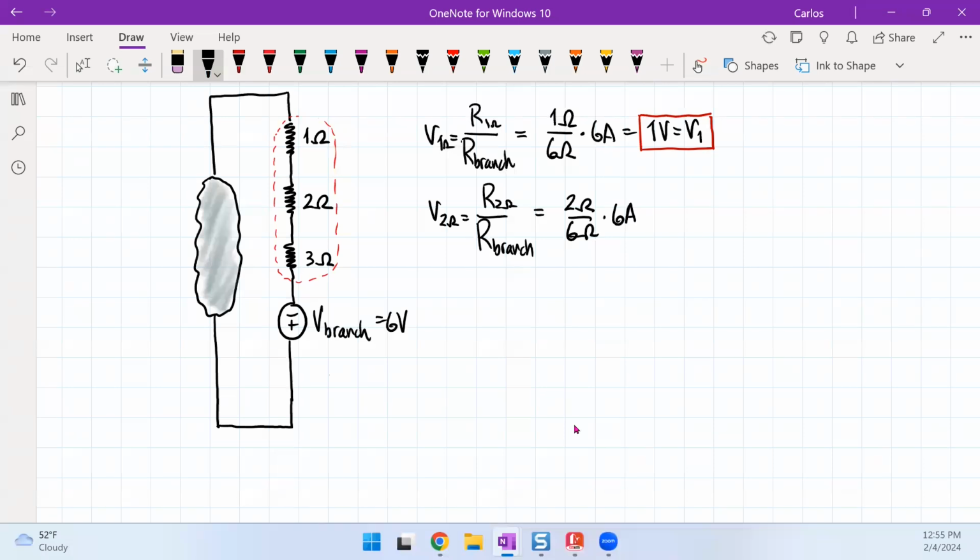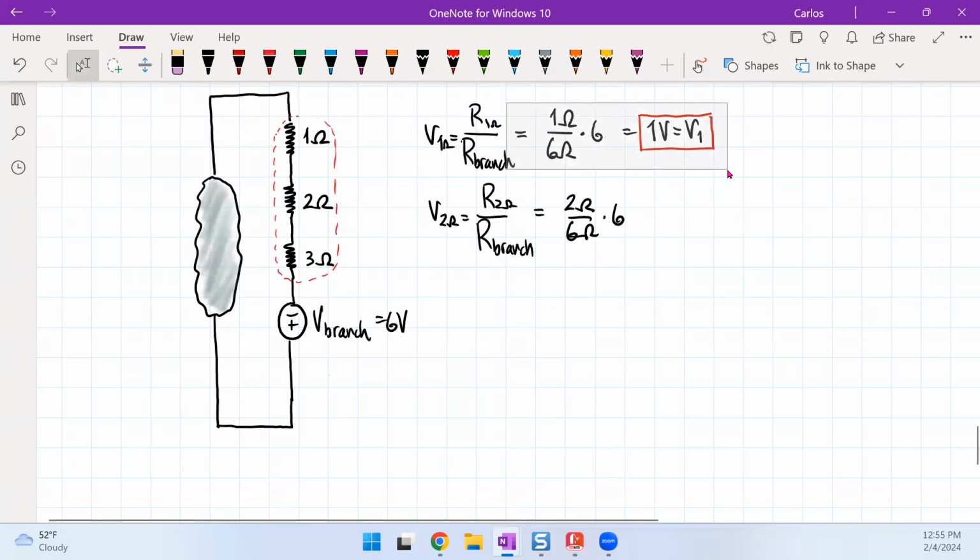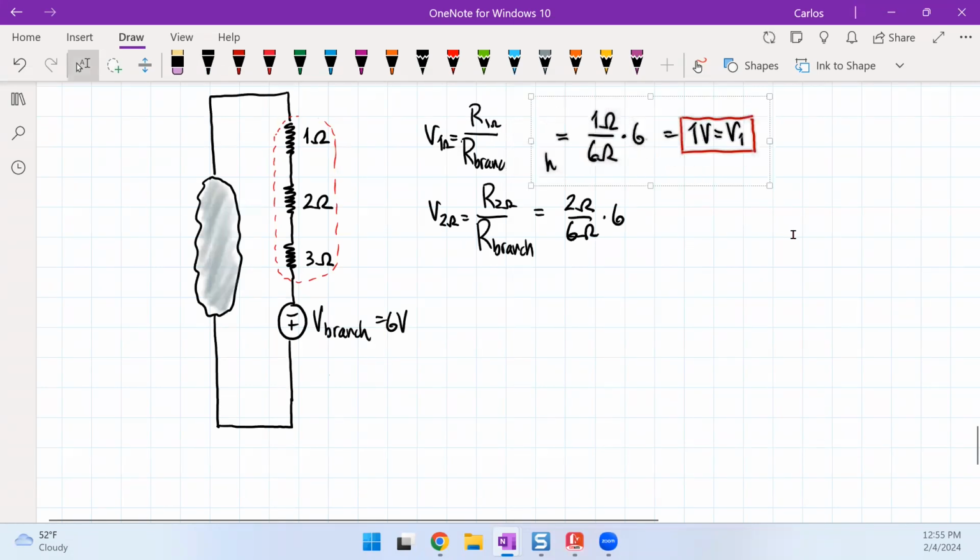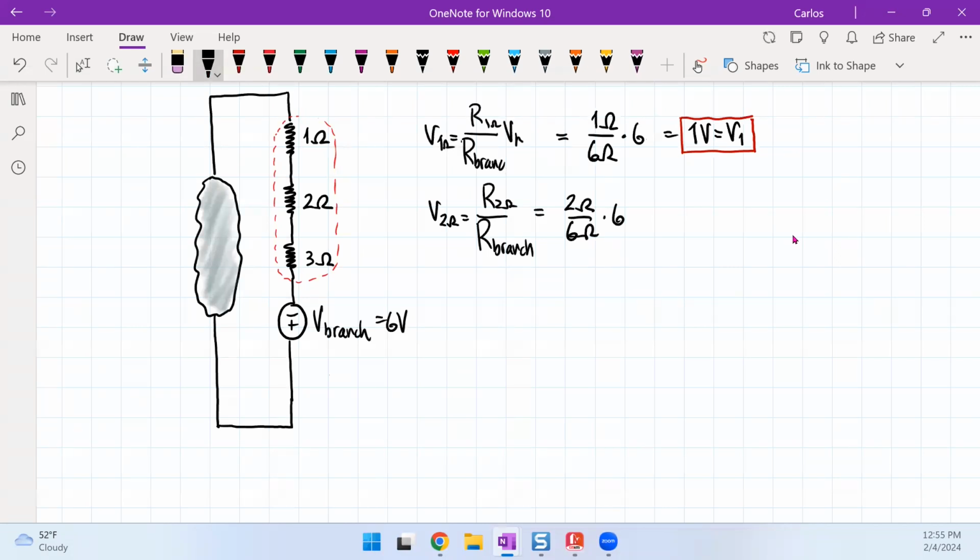Ooh, you know what? I said amps, and I've been making a mistake. It should have been not 6 amps, it should have been 6 volts. So let me be careful here. So this should have been the voltage of the branch. And then this is 6 volts, and that's how I get 1 volt.